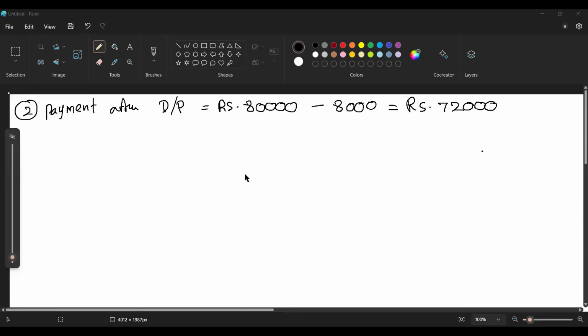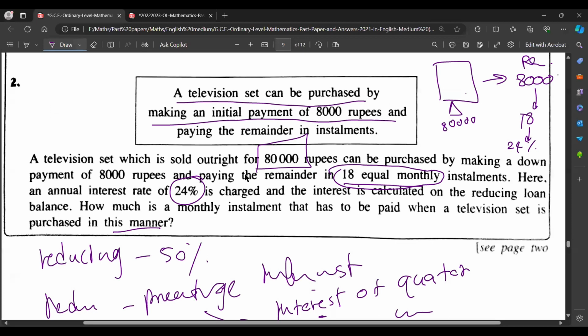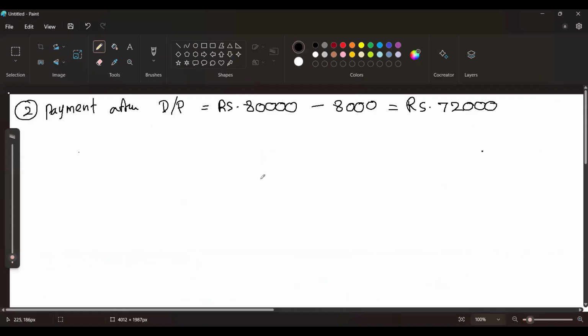It should be due within 18 equal monthly installments with a 24% charge. So 18 monthly installments, if there is no interest, what should be the price for 1 month?